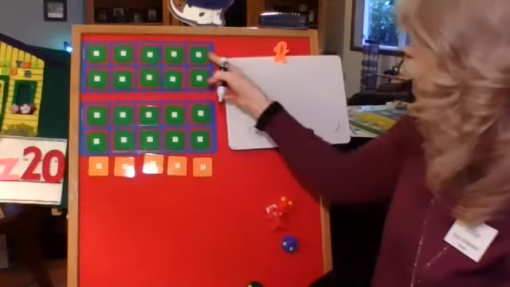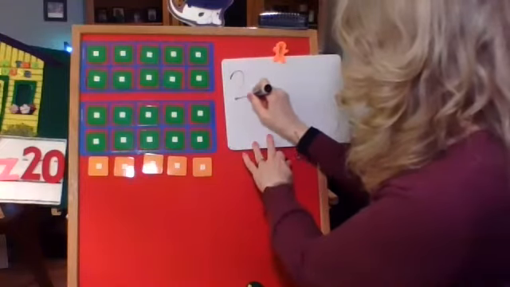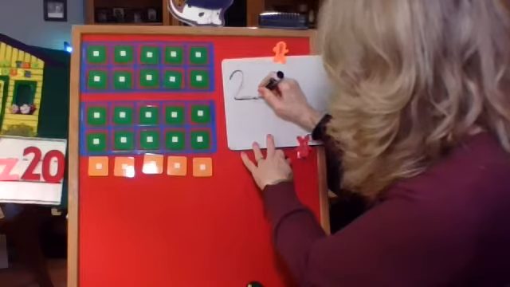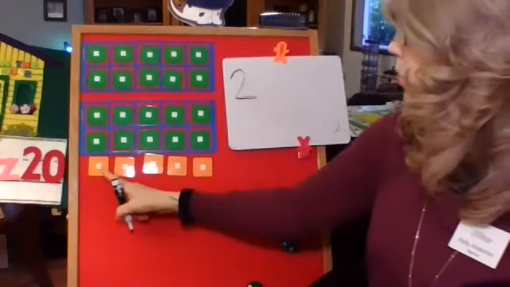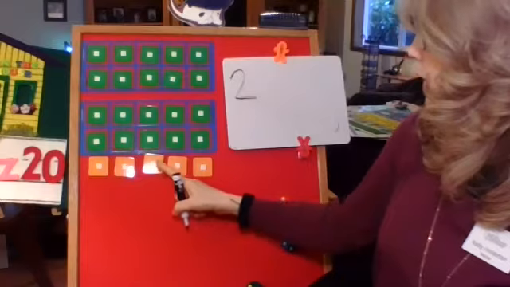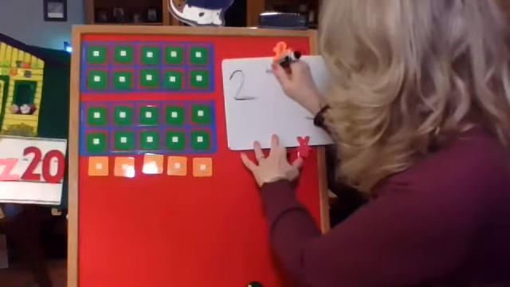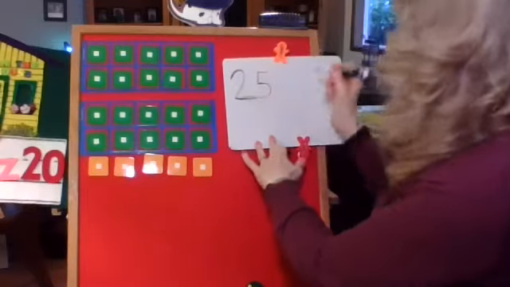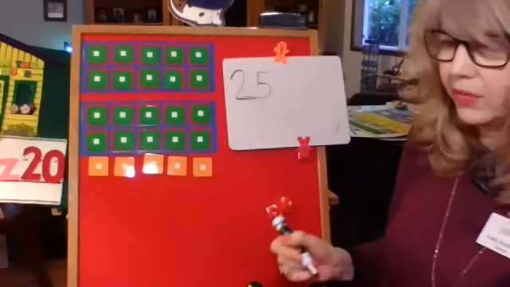So I put my 2 10s. I know that I have 2 full 10 sets. And then how many ones do I have down here? 1, 2, 3, 4, 5. So I put the 5 right here for the ones. 25.